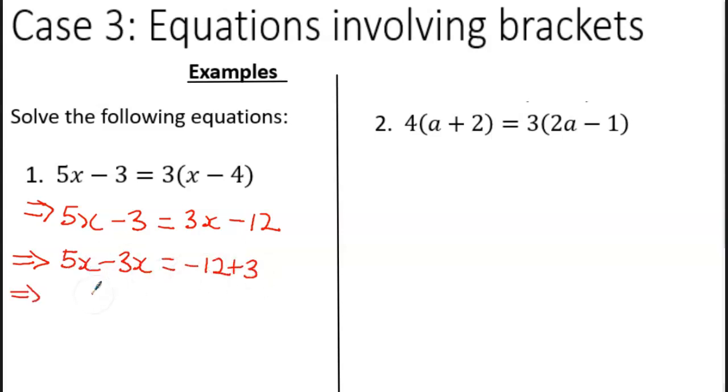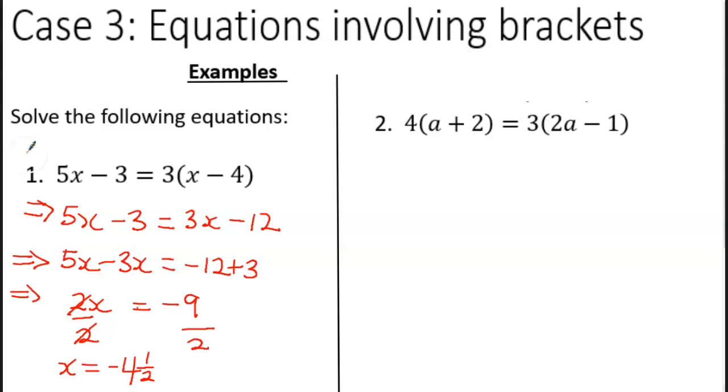So 5x minus 3x is giving us 2x, and minus 12 plus 3 is minus 9. We want to find x, so we divide both sides by 2. Then x will be equal to minus 9 over 2. 2 will go into 9 4 times, remainder 1. So our x is equal to minus 4 whole number 1 on 2.